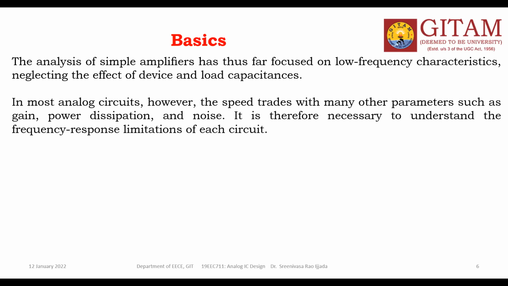Many parameters are there, but most of the time these three parameters will influence the speed: the gain of the circuit, how much power the circuit is dissipating, and the noise carrying capacity of the circuit. So the speed is always traded with these three parameters.